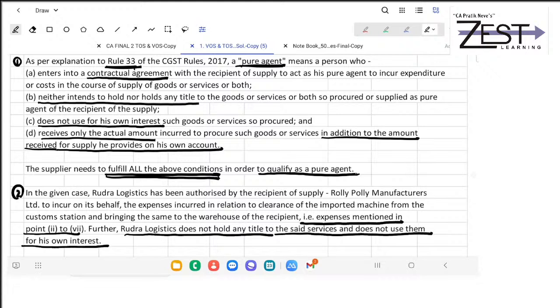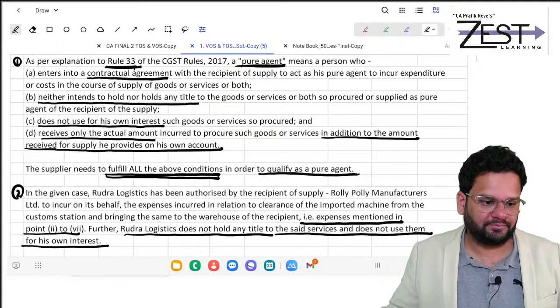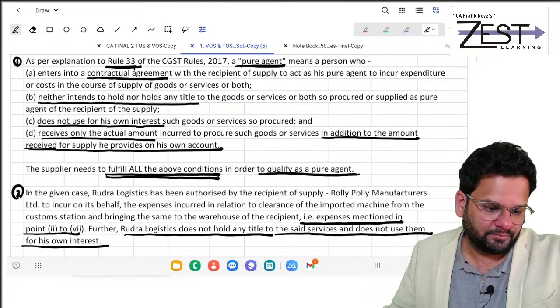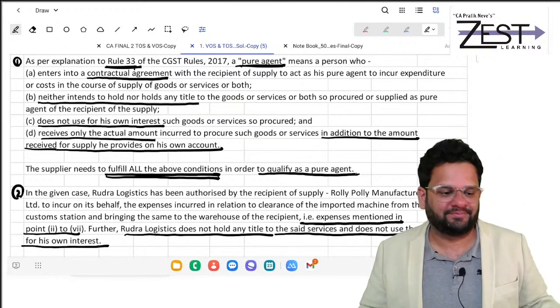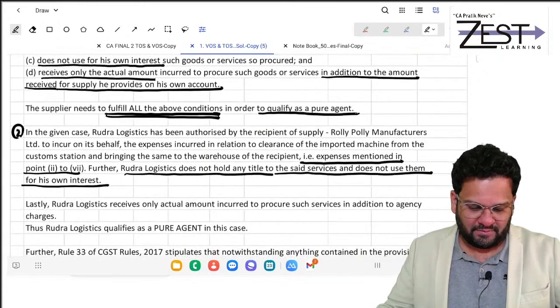Till what point have you reached, Ashima ji? Okay.